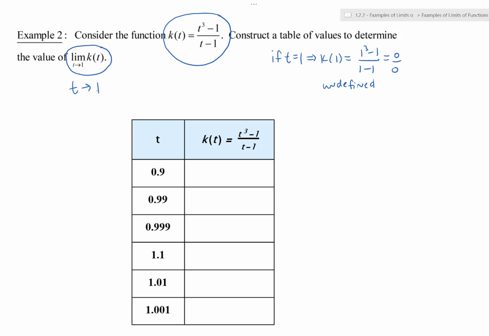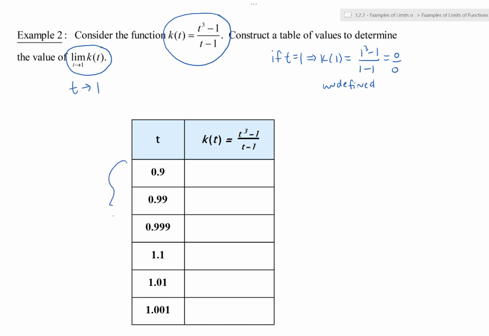So let's pick numbers really, really close, right? How about on the left side of 1, t is 0.9, or t is 0.99, or t is 0.999, and you get closer and closer to 1 until you feel confident that you're reaching a certain output limiting value, if it exists. Same thing goes on the right side.